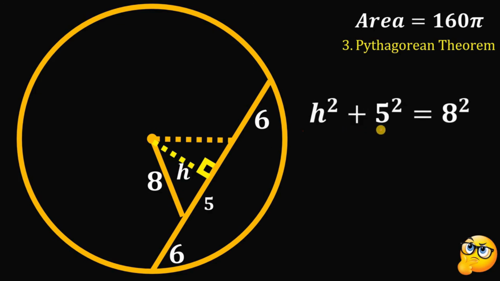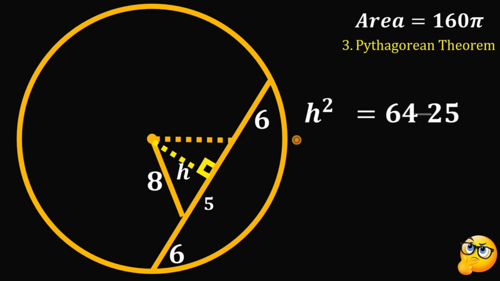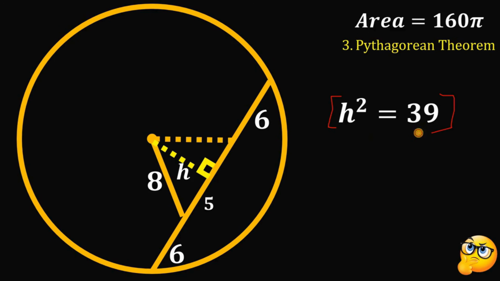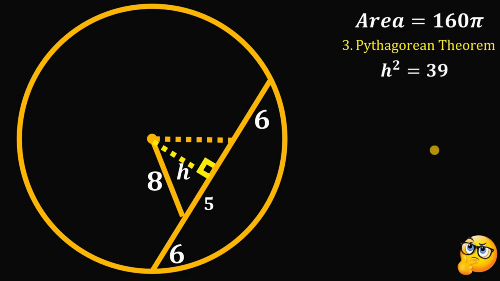So we have h squared plus 5 squared must be equal to 8 squared. Now, 5 squared is 25, 8 squared must be equal to 64. Subtract 25 on both sides. So h squared must be equal to 64 minus 25, and 64 minus 25 must be equal to 39. Now, I don't want to get the value of h, but I want to get this h squared. So let's set aside this result.